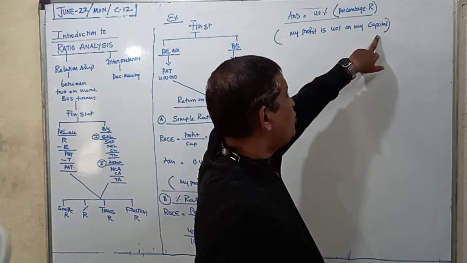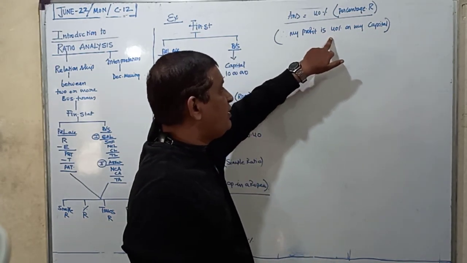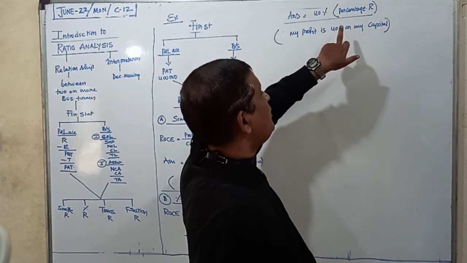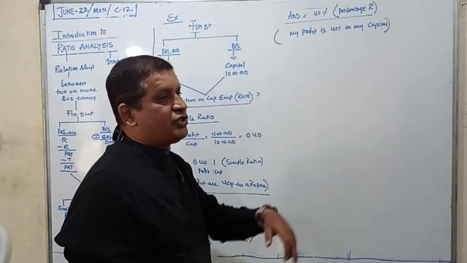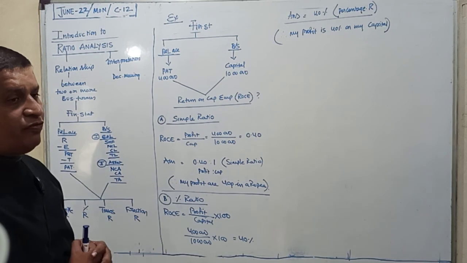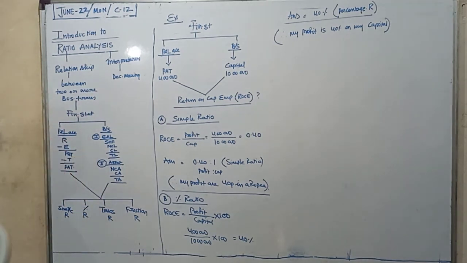If I invested 2 lakh, I get an 80,000 profit. If I invested 10 lakhs, 40% of 10 lakhs is 4 lakhs. That is what we call the percentage ratio. The simple ratio was 0.4 is to 1; the percentage ratio is expressed in terms of 100, and that is 40%.